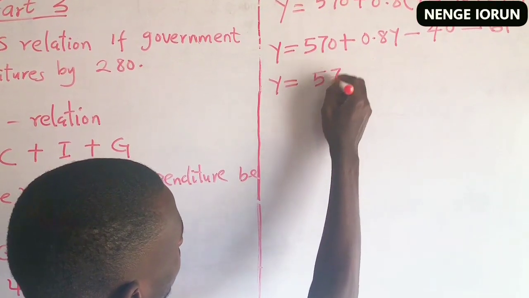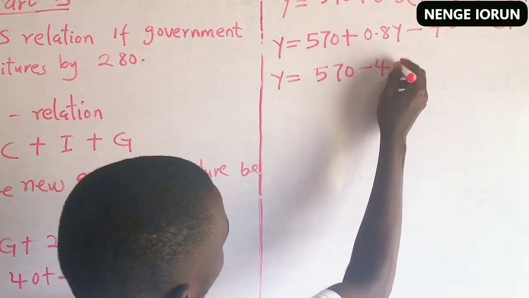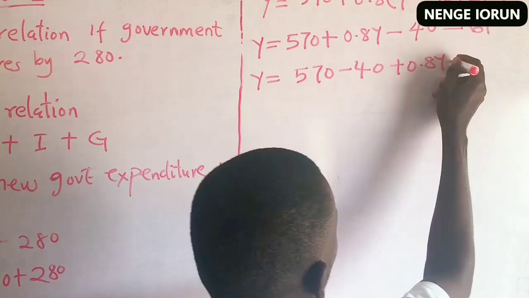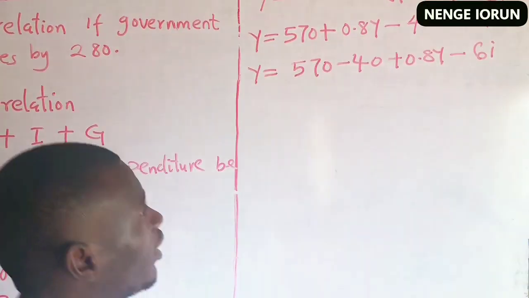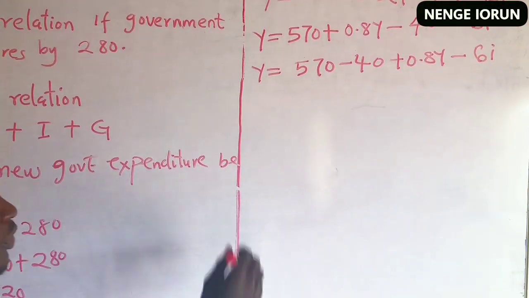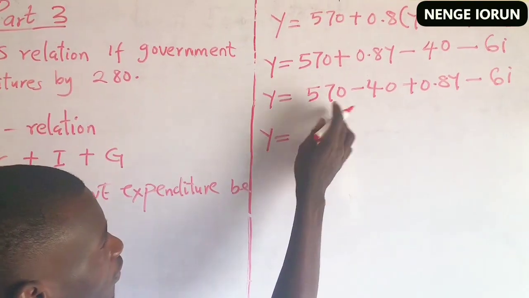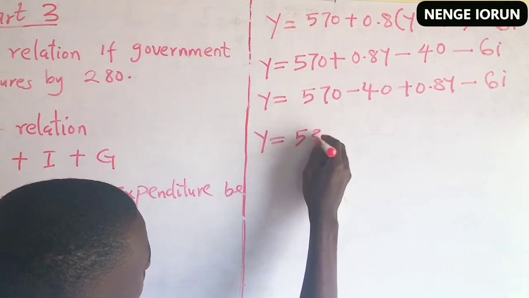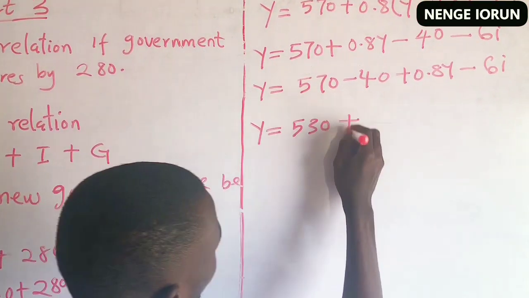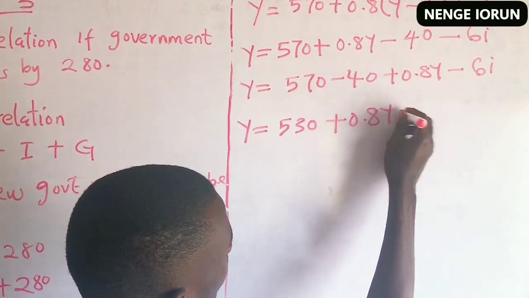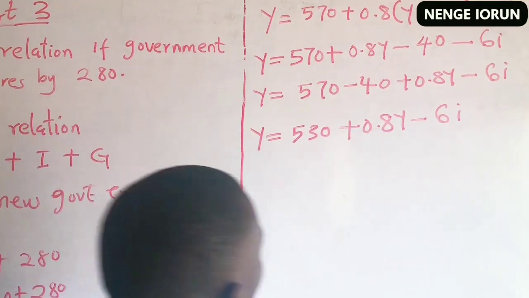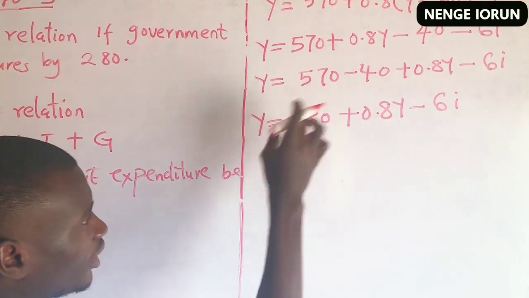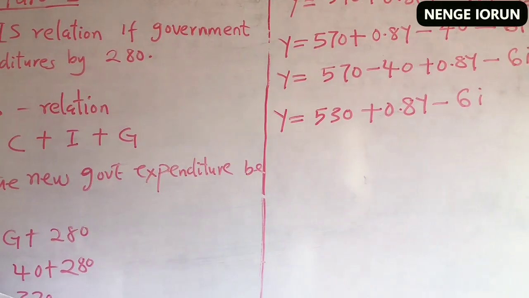Y is equal to 570 minus 40, then plus 0.8Y minus 6i. So now we proceed. You have Y is equal to 570 minus 40, which is 530, then plus 0.8Y minus 6i.